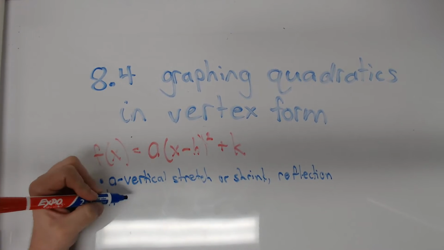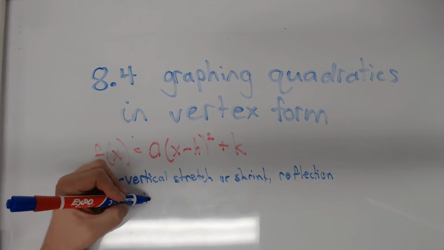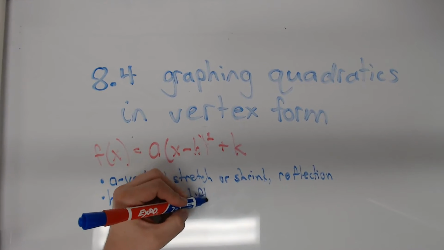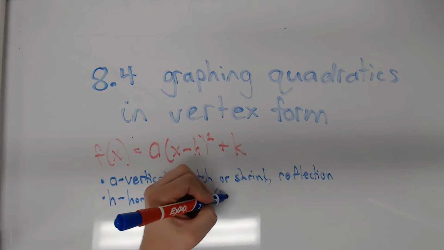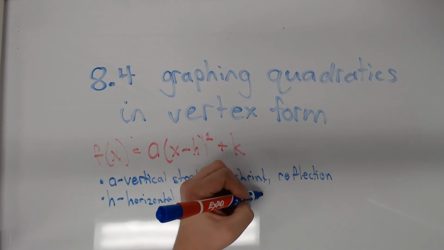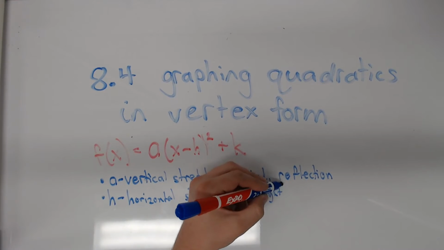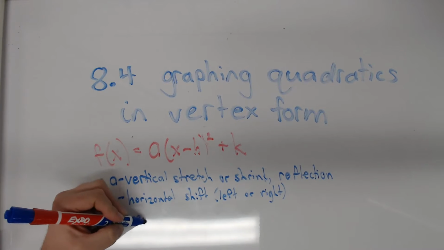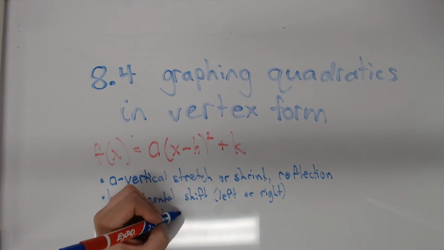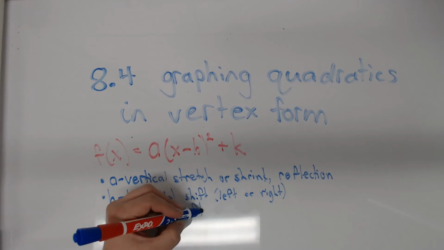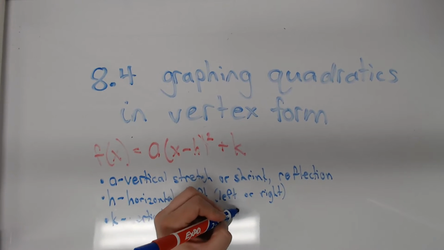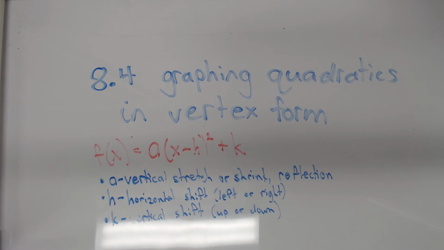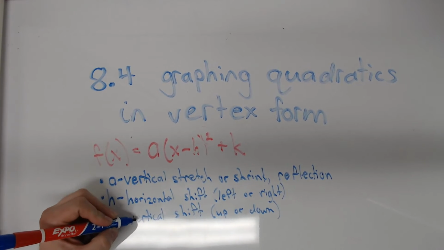H is a horizontal, a left or right shift. So that's left or right. And then K is a vertical shift, up or down. So this is the role of each of the letters in our new equation format.